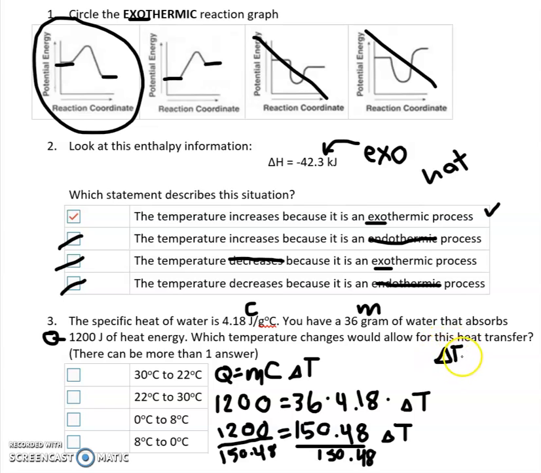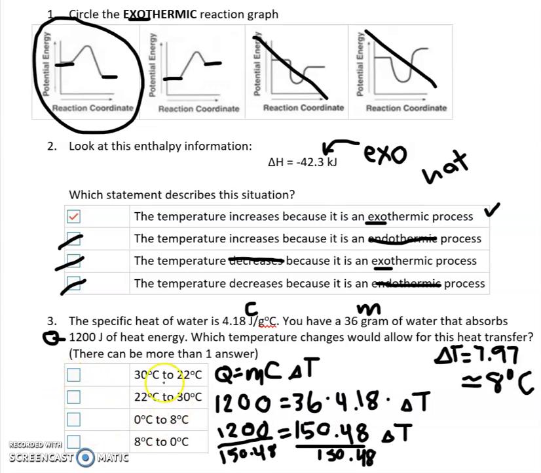Delta T is equal to approximately 7.97. That's approximately equal to 8. So 8 degrees Celsius. All right.